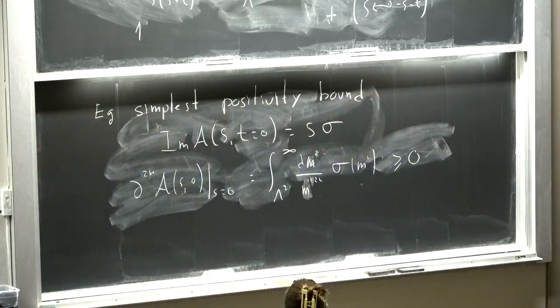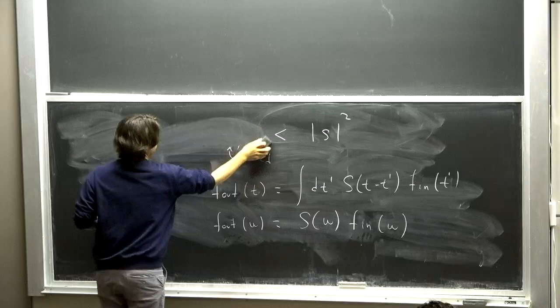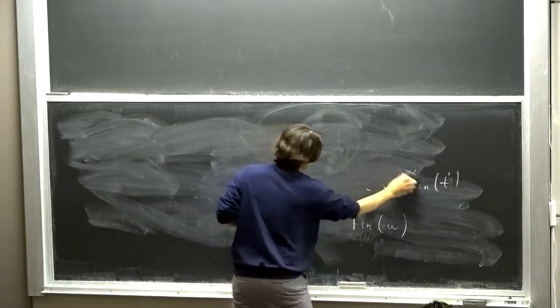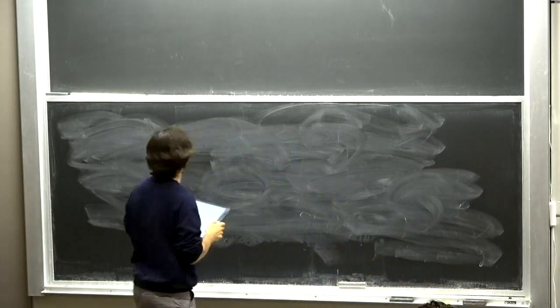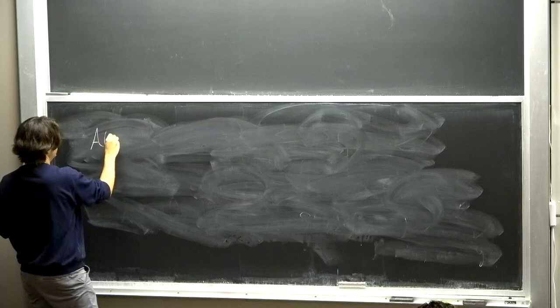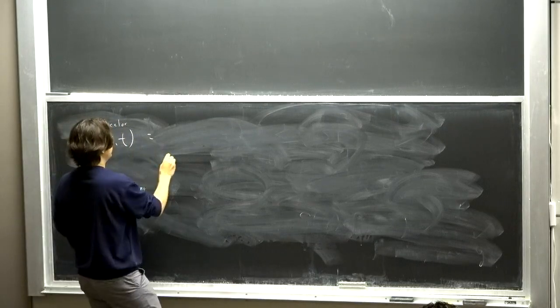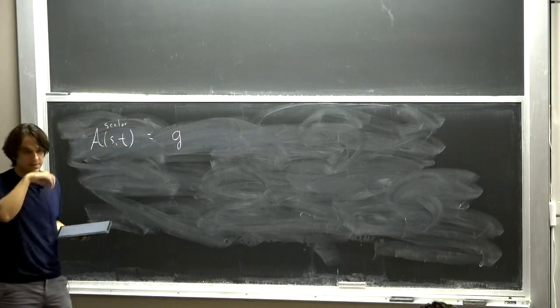Let's do a simple example. Let's just think about a massless scalar with derivative interactions, something like a U(1) Goldstone boson. So what does the amplitude look like? Something very simple, because s plus t plus u equals 0, the first has derivatives, right?